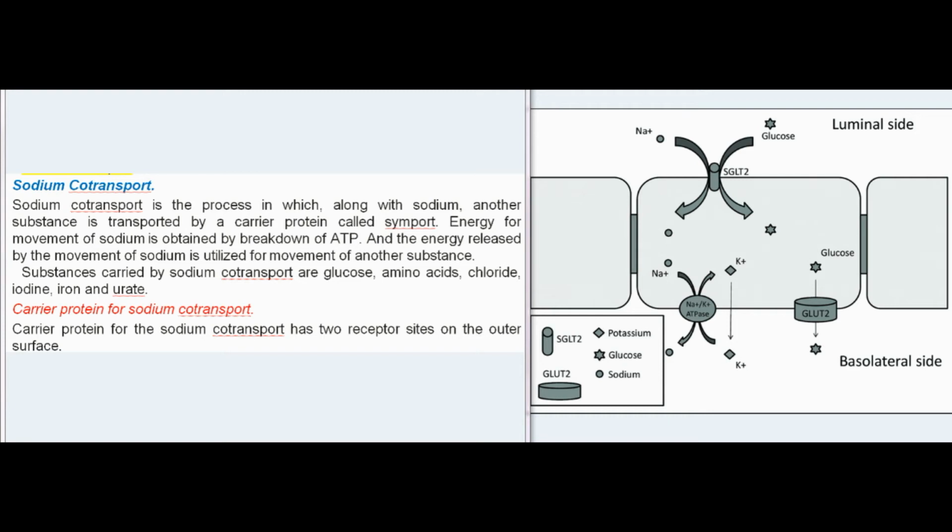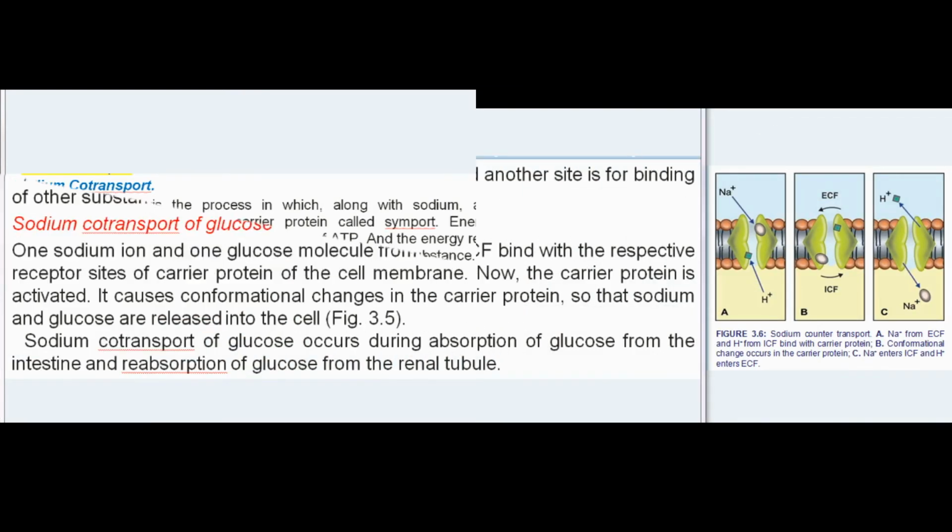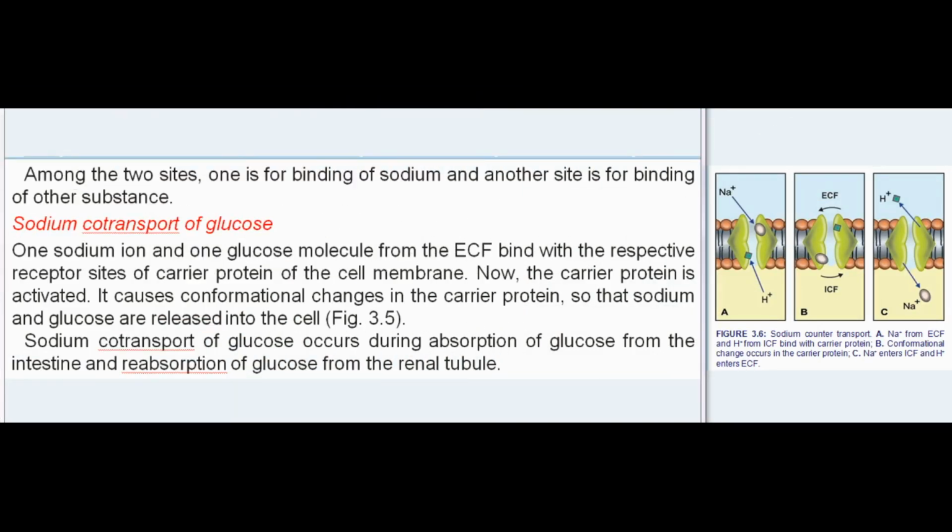Carrier protein for sodium cotransport. The carrier protein for sodium cotransport has two receptor sites on the outer surface. Among the two sites, one is for binding of sodium and another site is for binding of the other substance. In sodium cotransport of glucose, one sodium ion and one glucose molecule from the ECF bind with the respective receptor sites of the carrier protein of the cell membrane.